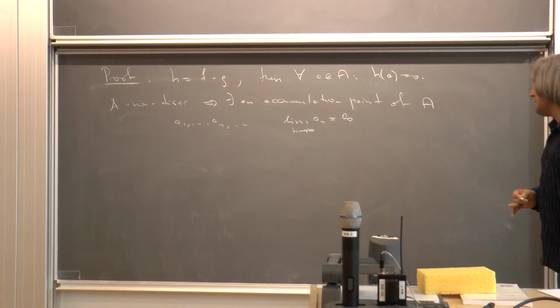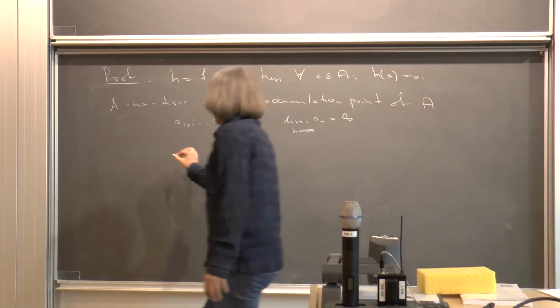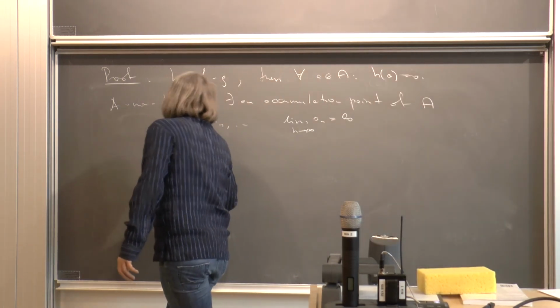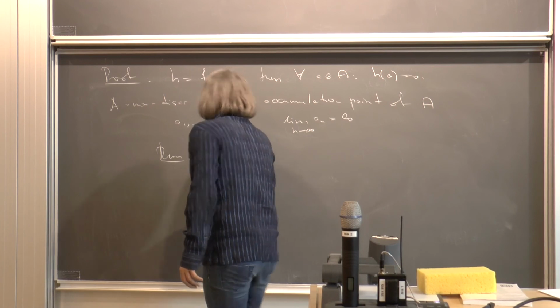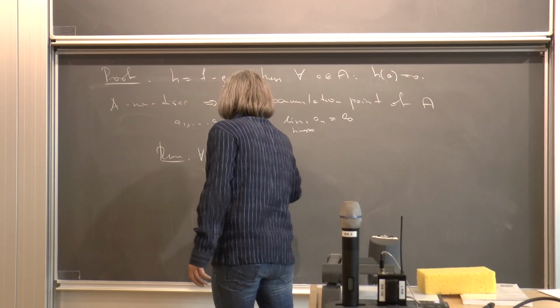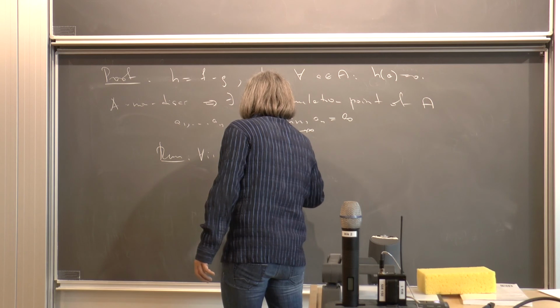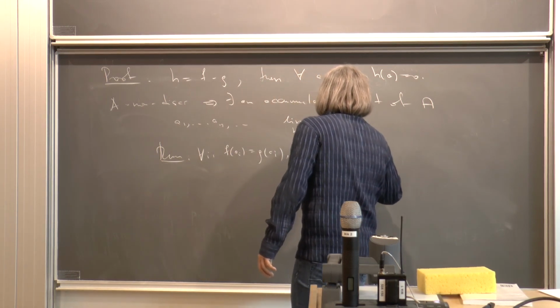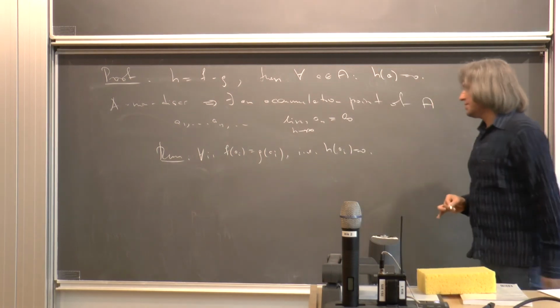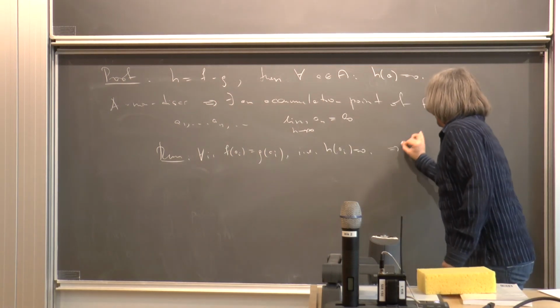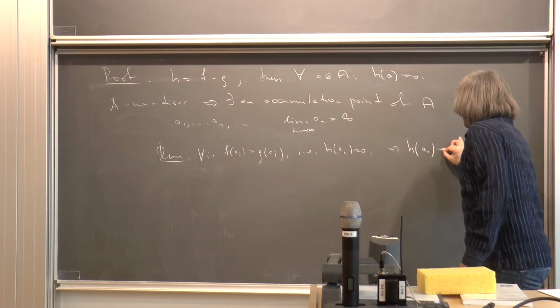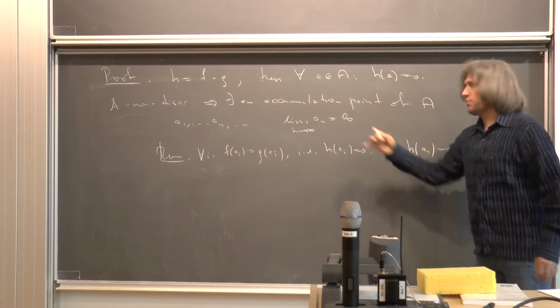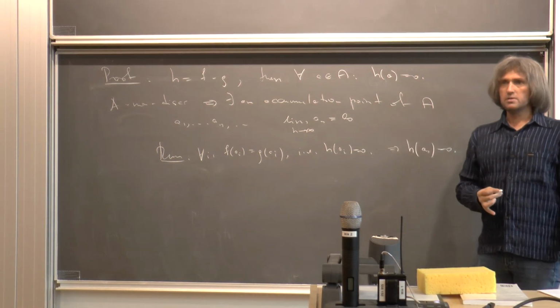Now, notice that for every i, f of ai equals g of ai. In other words, h of ai is 0, and h is continuous, of course. Then h of a0 is 0. So a0 is one of the zeros of this function.